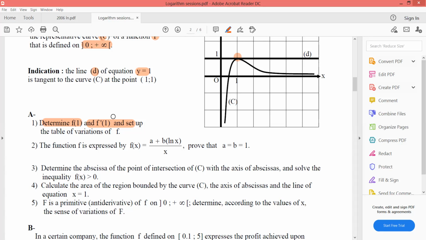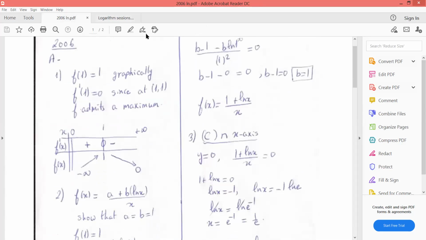The domain is 0 to plus infinity, and we put 1 in the middle. Positive then negative, because it becomes a maximum. So f of 1 equals 1 graphically, and f prime of 1 equals 0 since at 1 f admits a maximum.